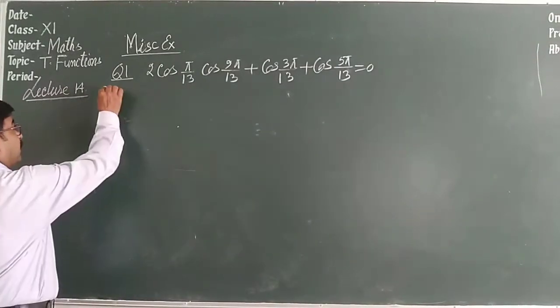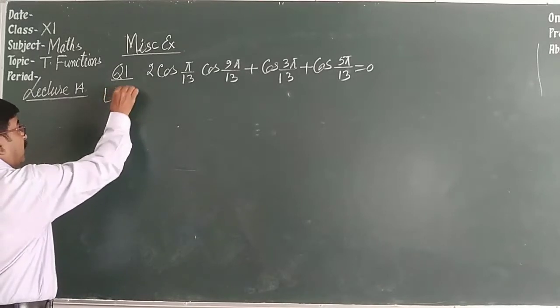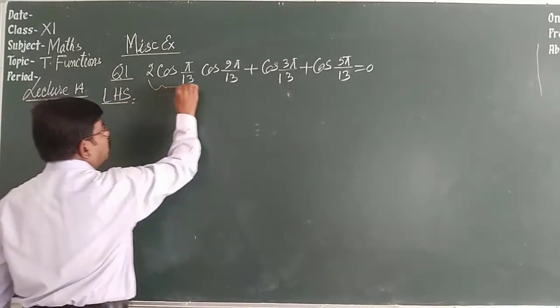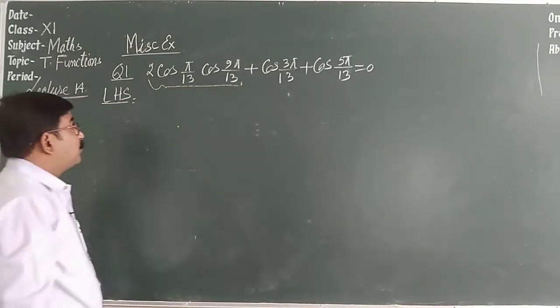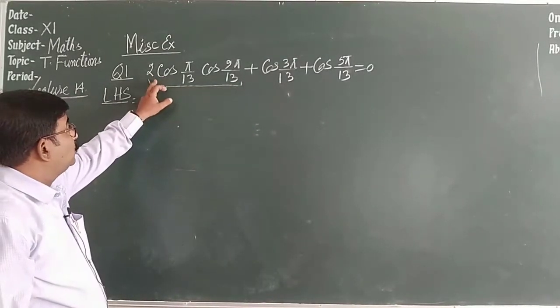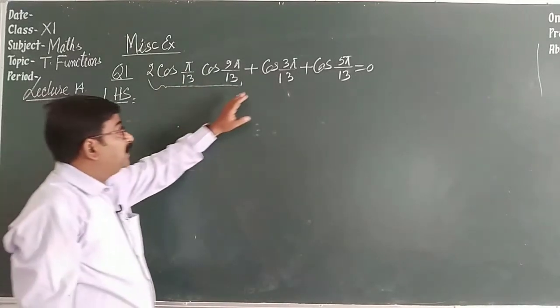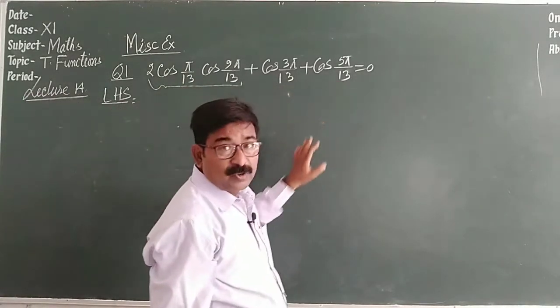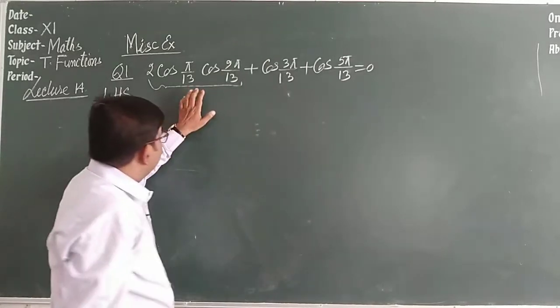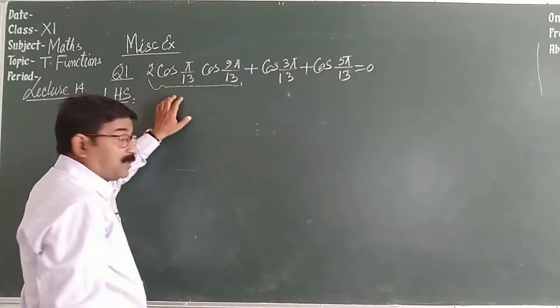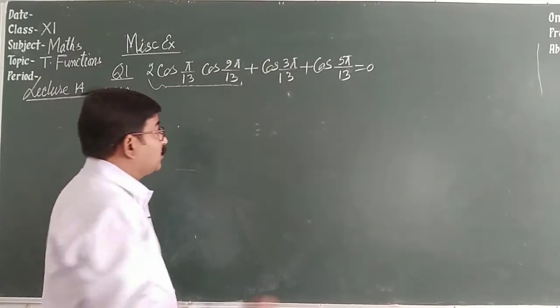Taking the left hand side, this much portion is in the form 2 cos A cos B, and here we can use the cos A plus cos B formula. We have to bring 0. So what is the formula of 2 cos A cos B?